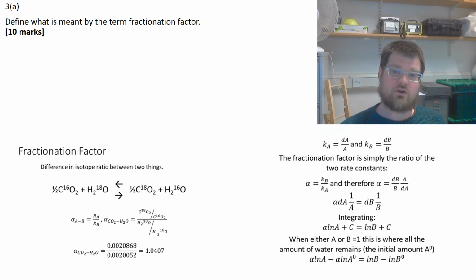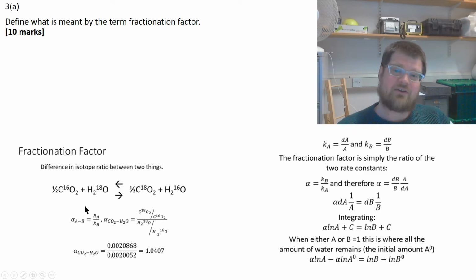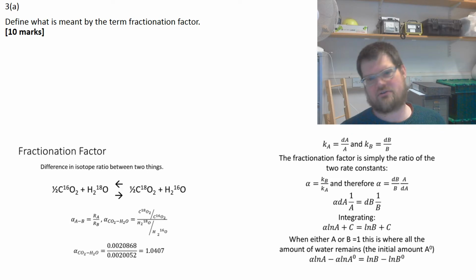What would have been good is if you'd thought a little more about how specific I'm being about fractionation factors in this question. This is how we think about fractionation factors in the case of equilibrium isotope fractionation. But when we're thinking about kinetic isotope fractionation, we can think about the fractionation factor in a completely different way: rather than the ratio in the products to the ratio in the reactants, we can think of it as the difference in the reaction rates for each individual isotope.